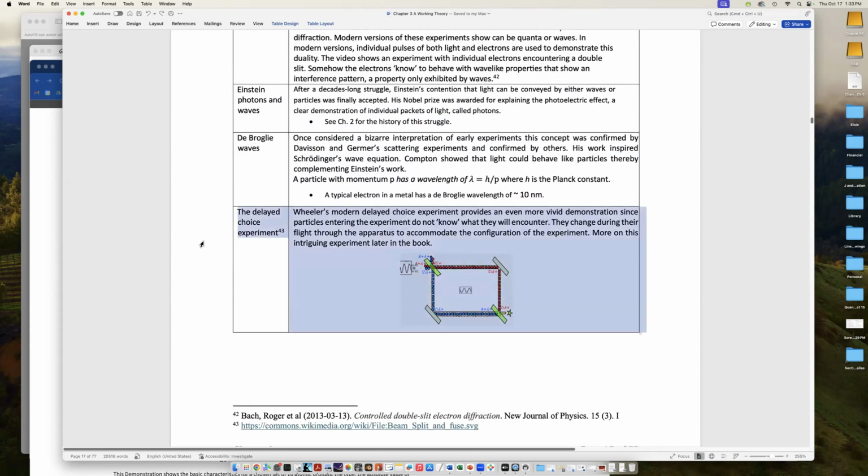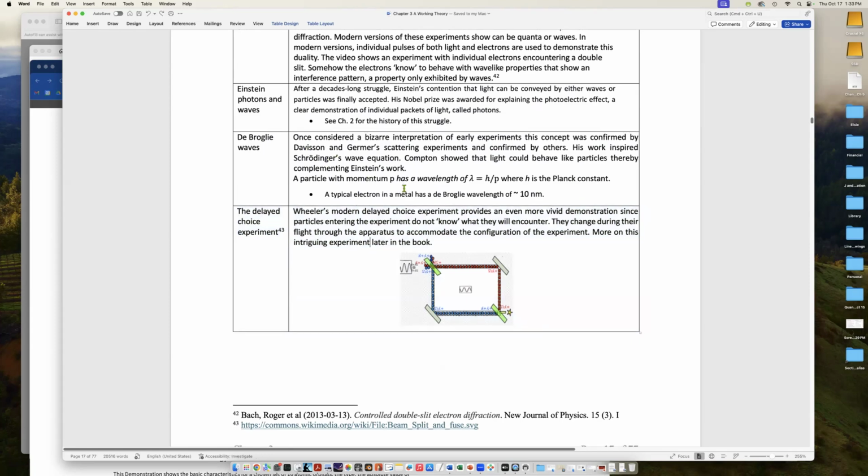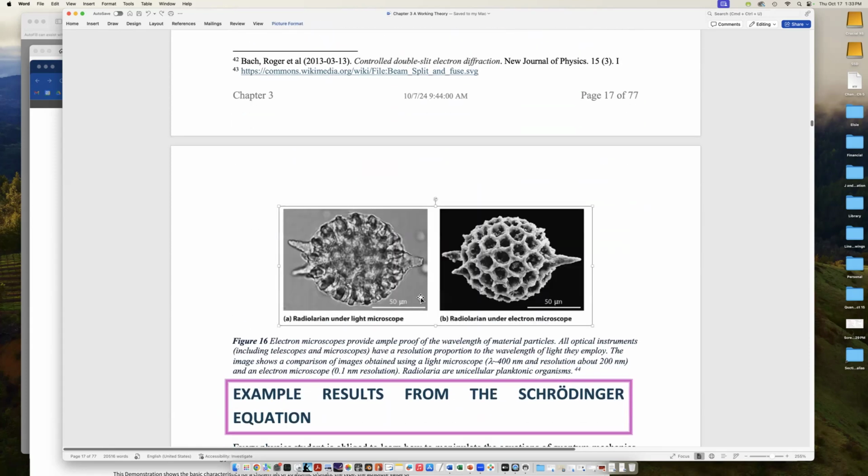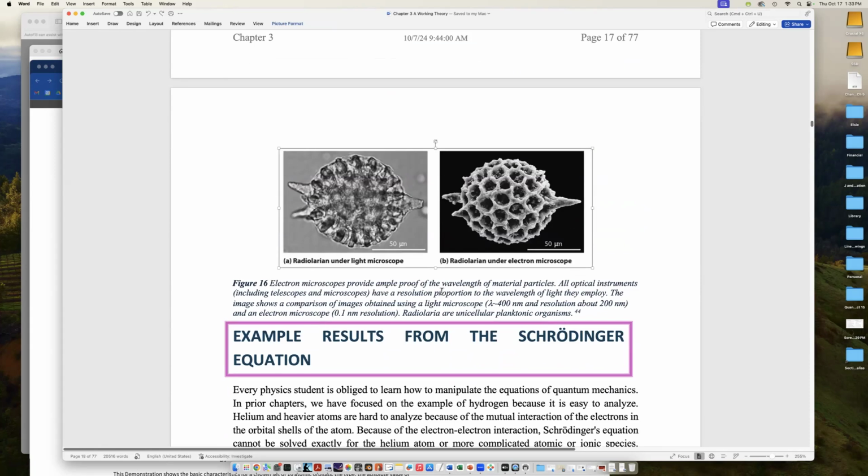In the modern version of those experiments that we will see in lectures, mostly in lecture 5, we talk about how to exploit this wave-particle duality to get more insight into what's really going on. One of the key applications of exploiting wave-particle duality is that we can build microscopes with particles. So here's a picture of some kind of biological entity.